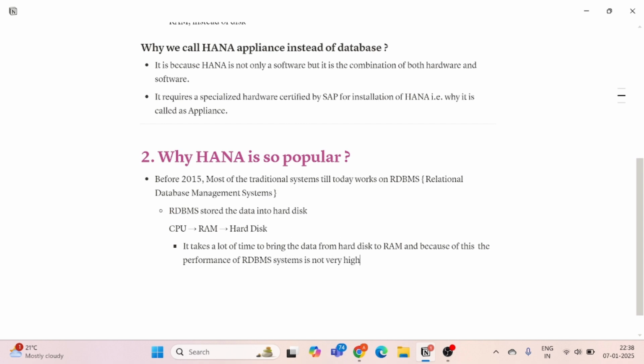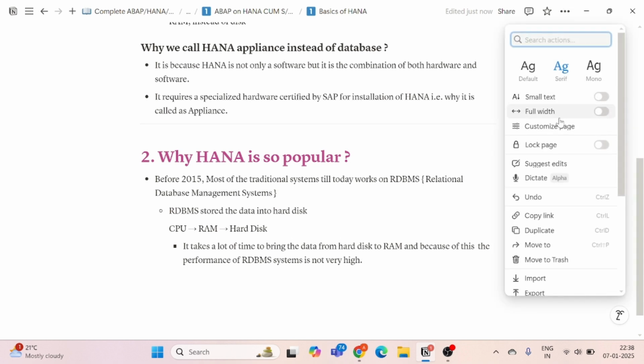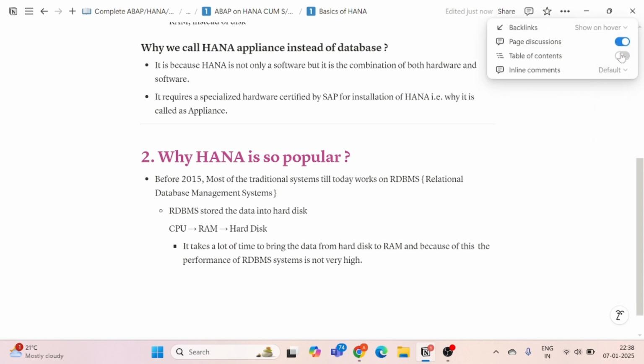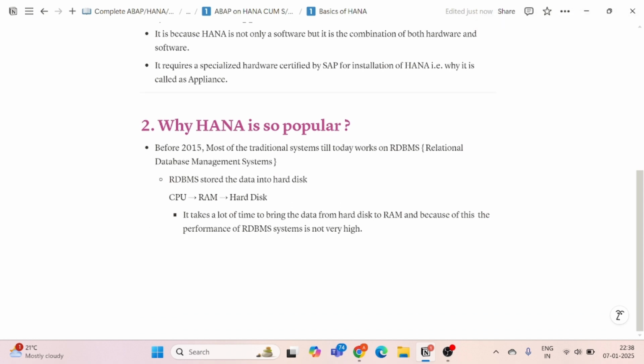It is not up to the mark. That's why, if we talk about real-time data processing, RDBMS systems are not that efficient.